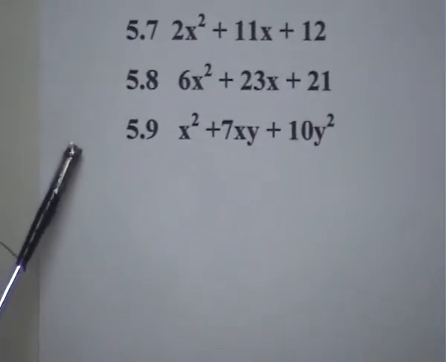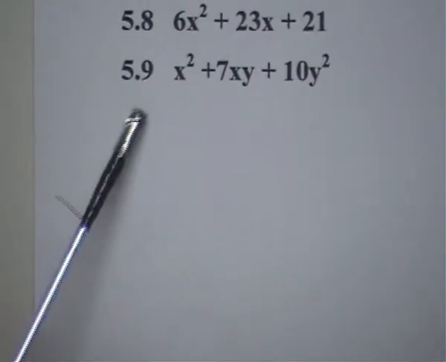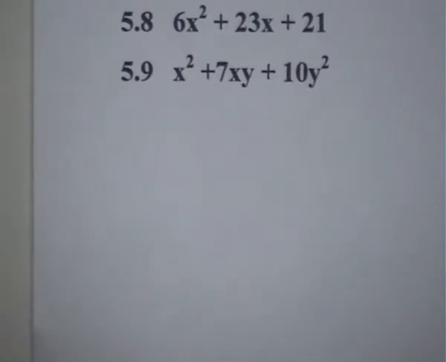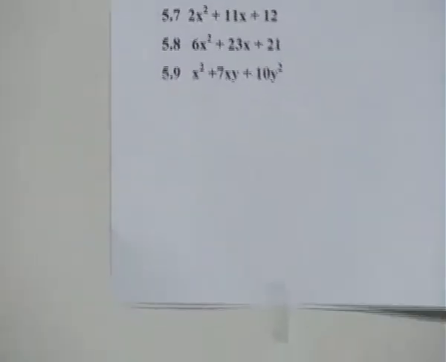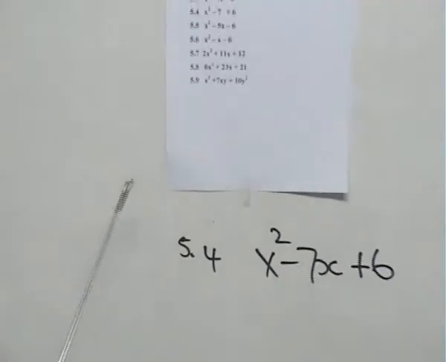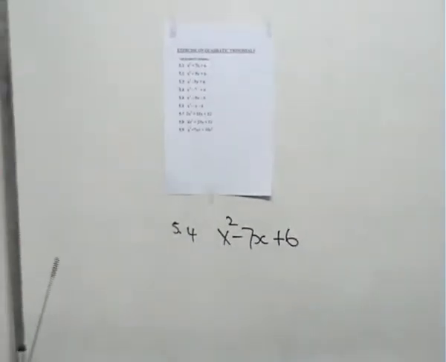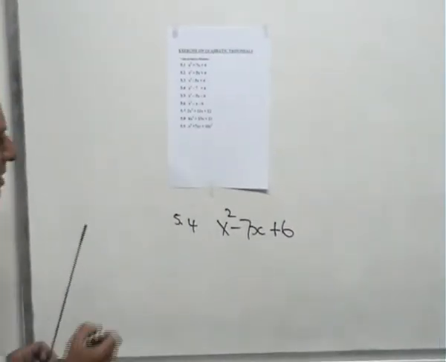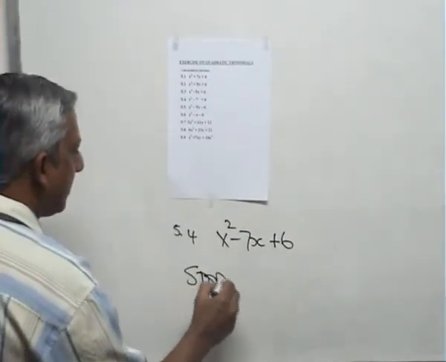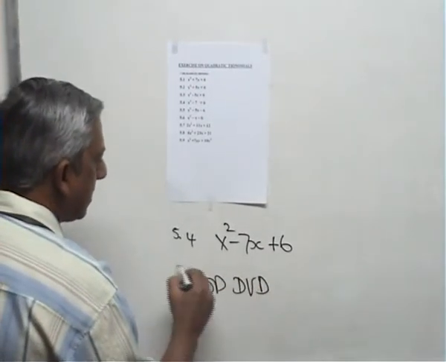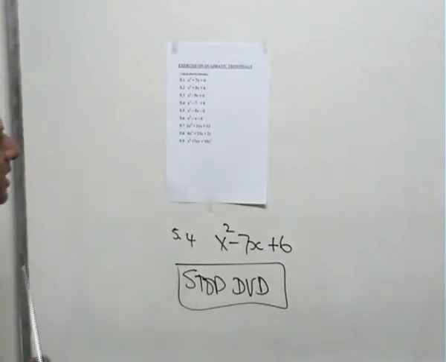And finally 5.9. x squared plus 7xy plus 10y squared. Alright, you can try them, and let's see what you make of it. Okay, so stop the DVD here, try the exercise and come back, and then we will take you step by step to show you how it's done.